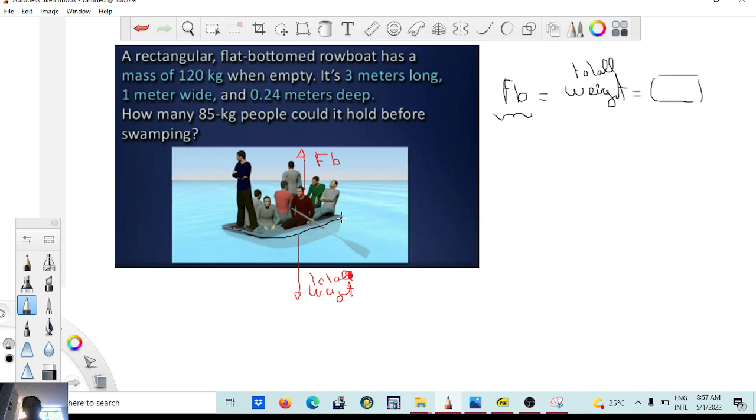It's displacing water, and here it's about to sink. The weight of the water displaced is the density of water times the area times how much is underneath the water. How much is underneath the water? I don't know, because it depends how many people are inside. The more people you have, the more submerged the boat will be. It's going to be the total weight.